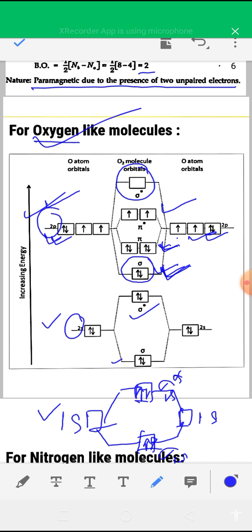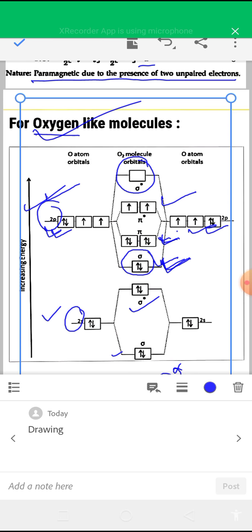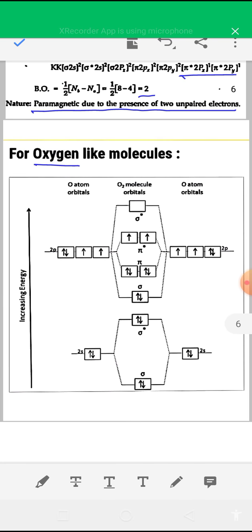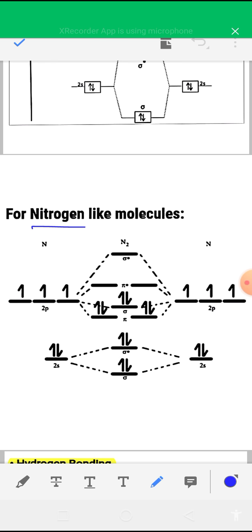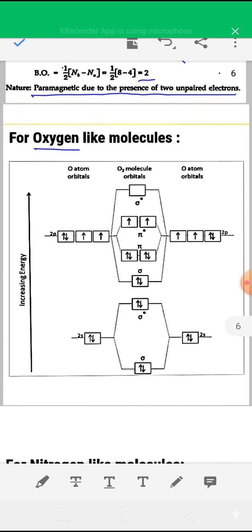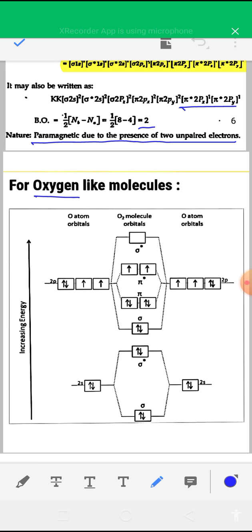So this arrangement is the molecular orbital electronic configuration of oxygen, and this is for nitrogen. In the oxygen molecule, you can see the energy of the sigma 2pz molecular orbital is lower than the energy of the pi 2px and pi 2py molecular orbitals.